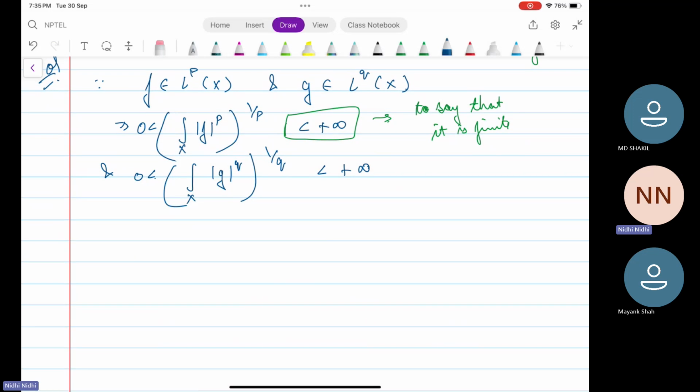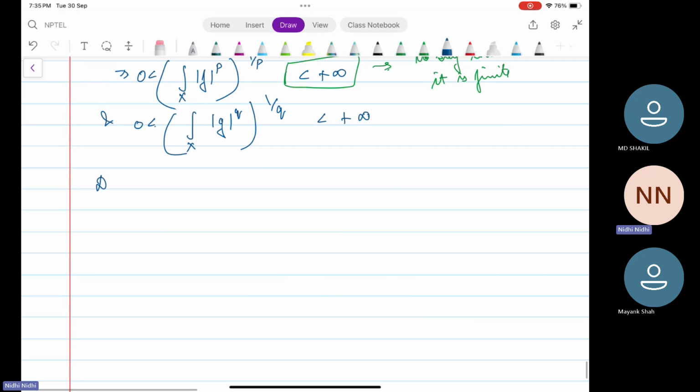Now this is a fixed real number, so I'll define another function. Define a function F(x) equal to f(x) to the power r upon this fixed (integral of |f|^p)^(1/p). This denominator is nothing but just a constant, and we know that it is non-zero.